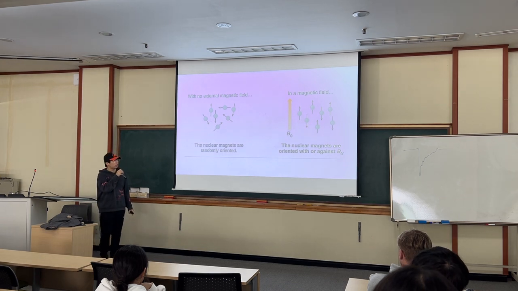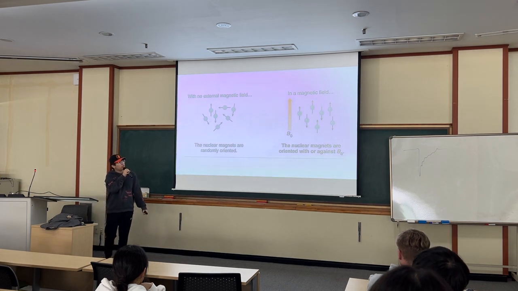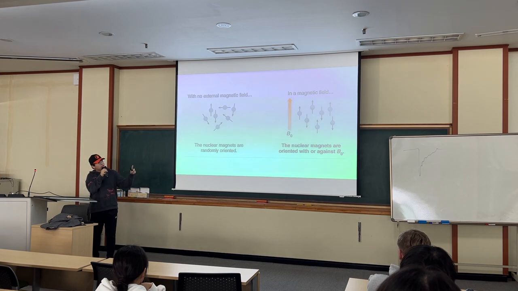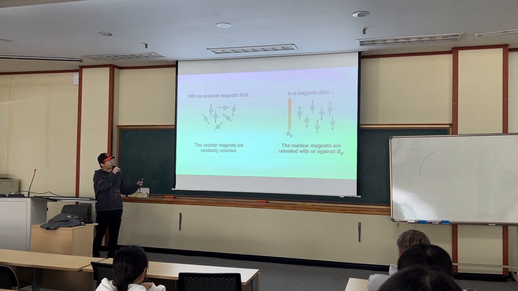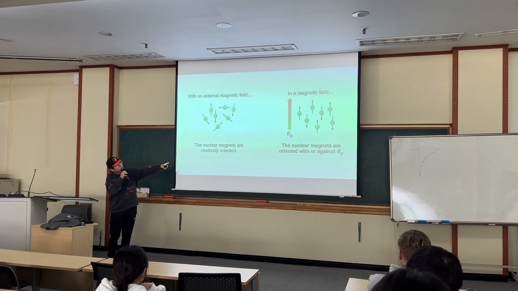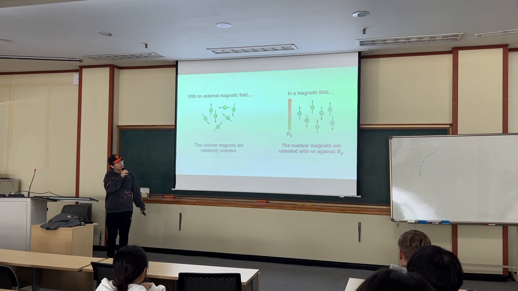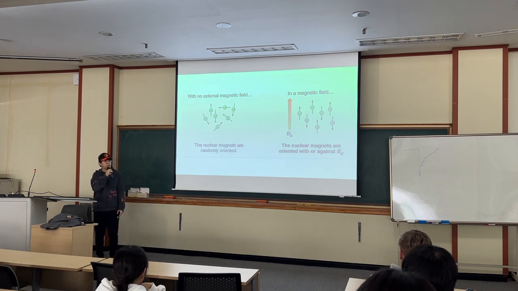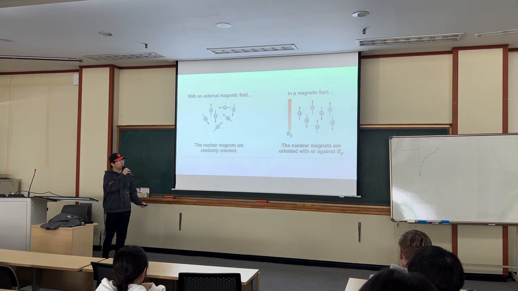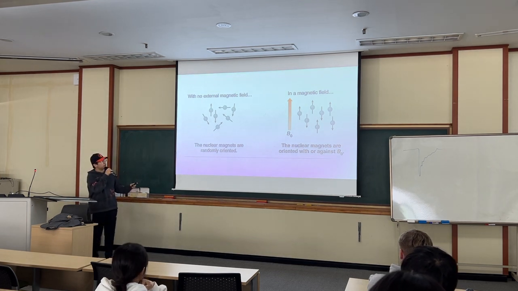But like the right picture, when we apply a magnetic field, the nuclear magnets arrange in the same direction as the magnetic field, or some arrange in the opposite direction. But not all atoms arrange like that. Some are not arranged in the same or opposite direction of the magnetic field.